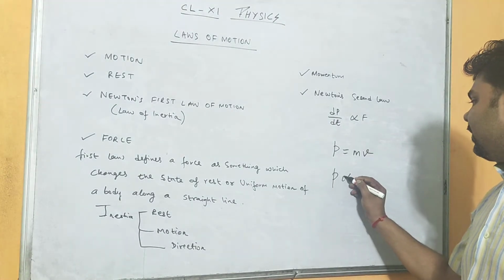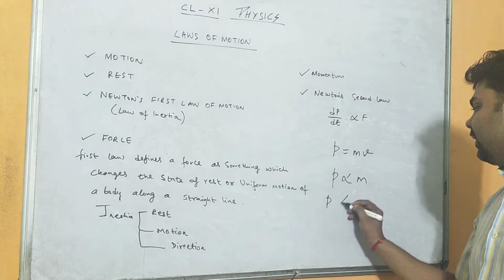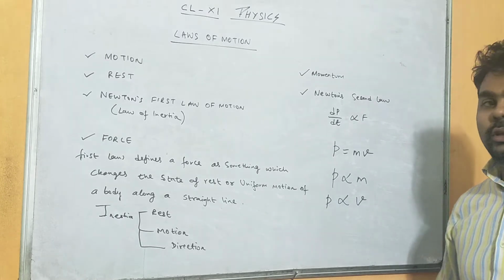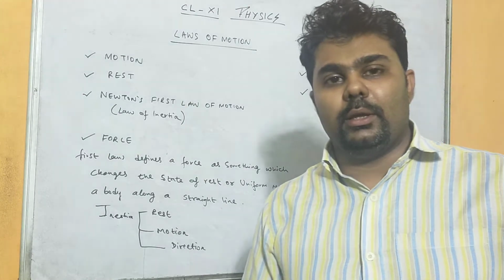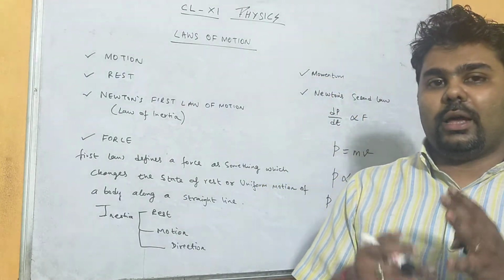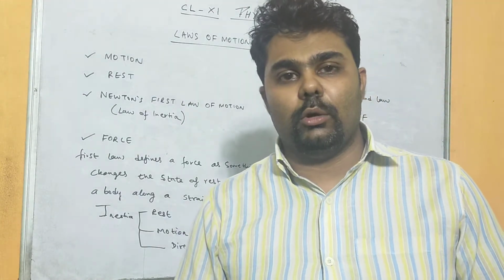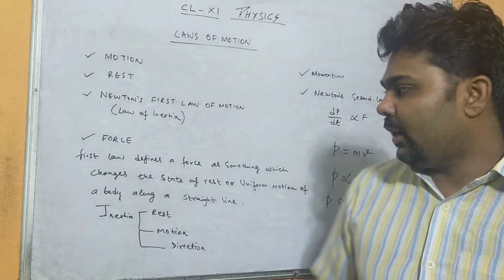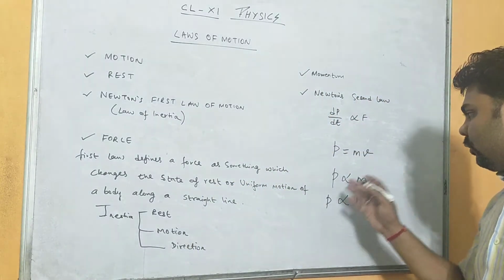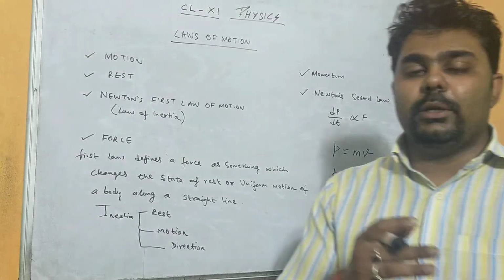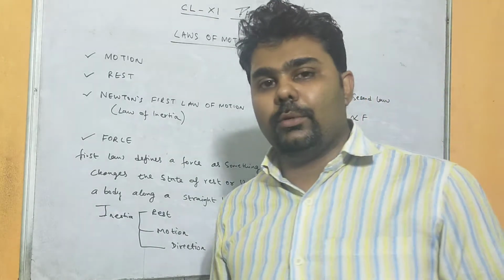That means momentum is directly proportional to mass and directly proportional to velocity. So the linear momentum depends upon the mass and velocity of the object.